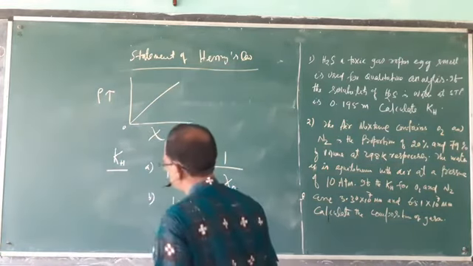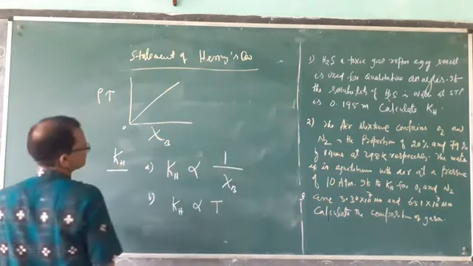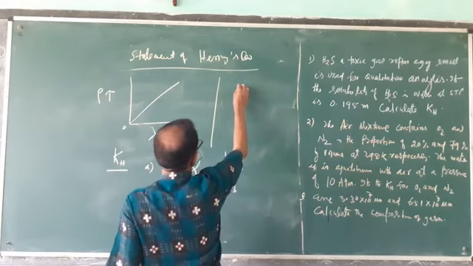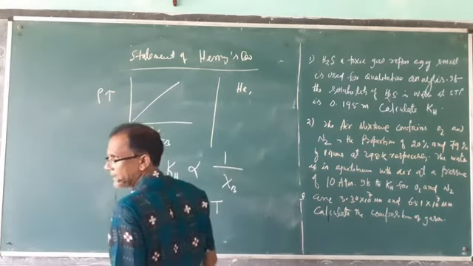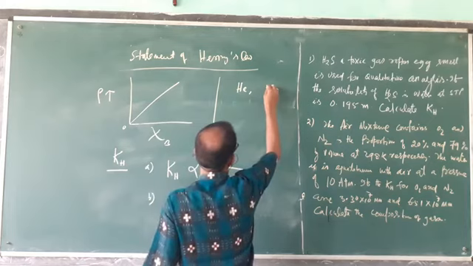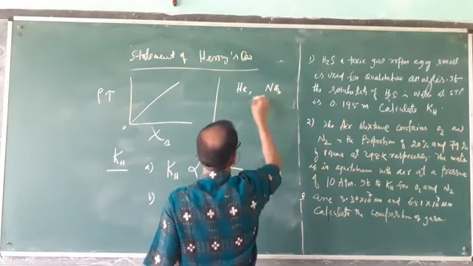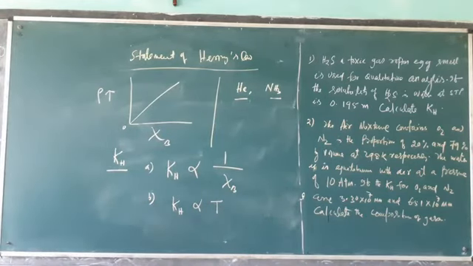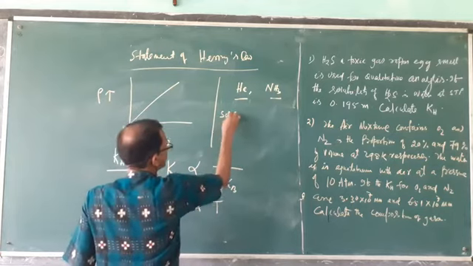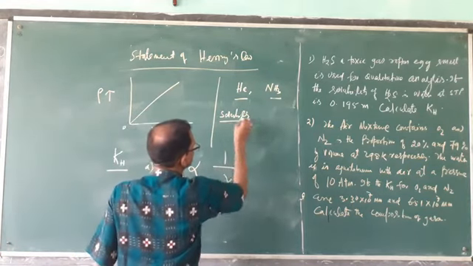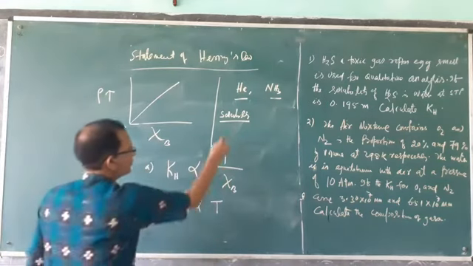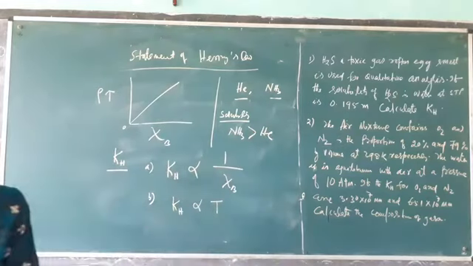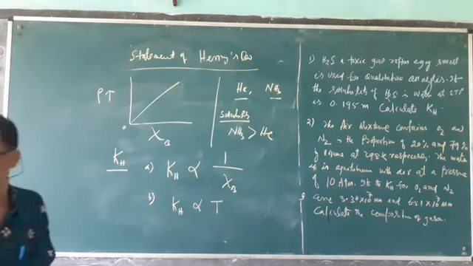For example, suppose you take helium gas and ammonia gas. These two gases you take. My question is, which gas is more soluble? If you see the solubility, ammonia is more soluble than helium, because ammonia forms hydrogen bonding with water.